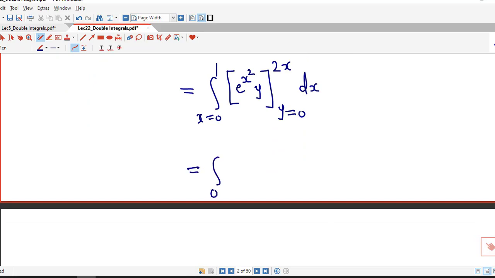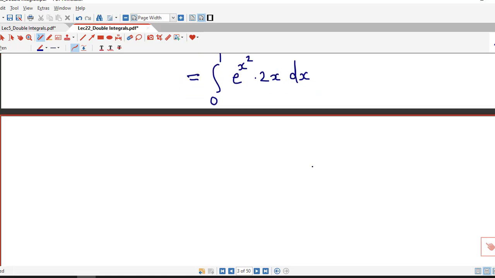So first we put the limits. The upper limit for y is 2x, so e raised to x square into 2x, and minus y equal to 0 will make this quantity 0. So we have e raised to x square times 2x.